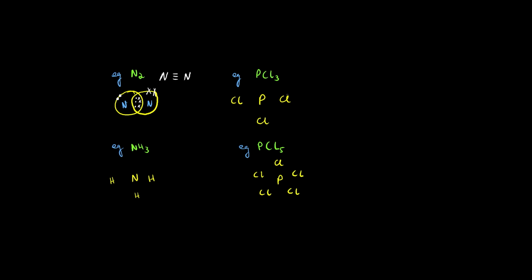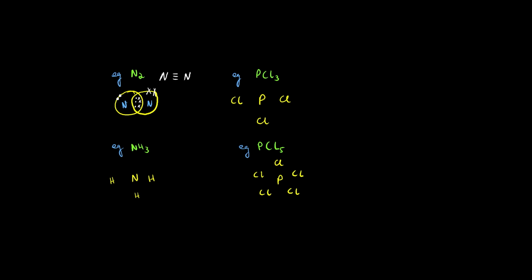Now PCl3. We can also draw the circle structure for the dot and cross diagrams of covalent molecules, but we can also draw this way. Okay, now let's look at how this is drawn. Now we know that chlorine has 7 valence electrons. It needs 1 electron.